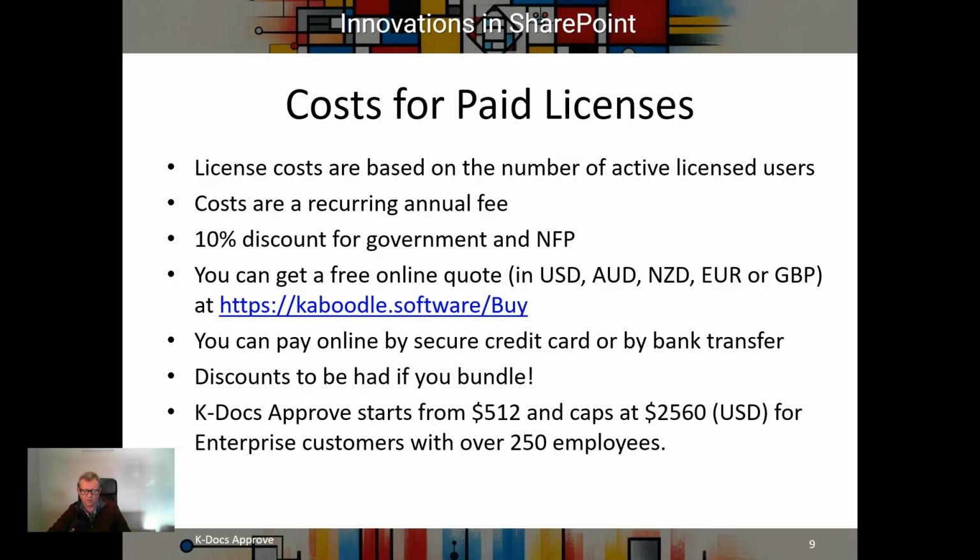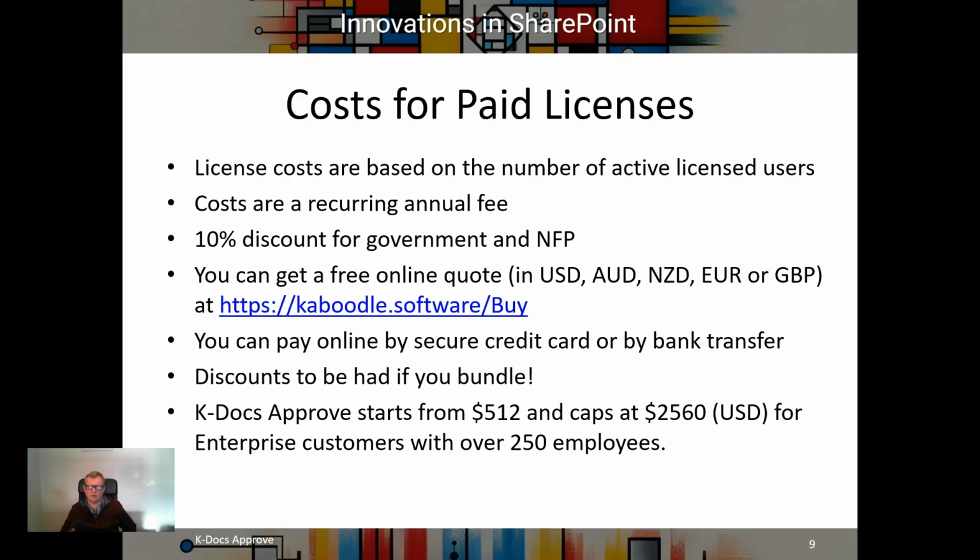KDocs Approve is part of a wider family called KDocs, which includes KDocs Published, KDocs Acknowledge, and KView. If you want to buy all four of those in that family, you basically get four products for the price of two. So there's definitely value to be had.